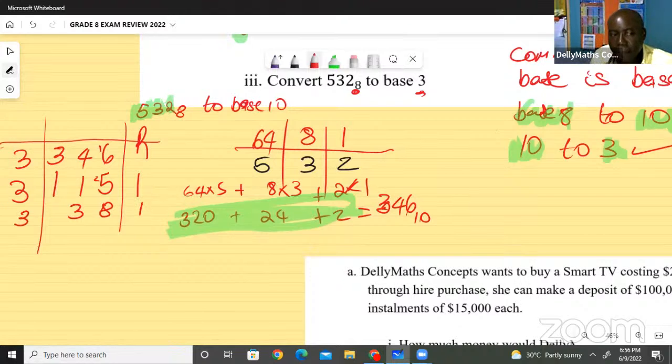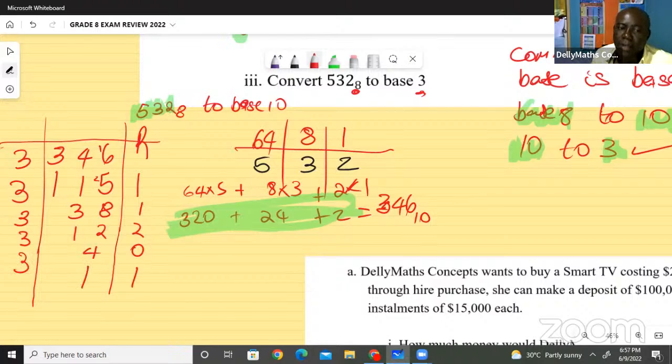Then we still can divide by 3. 3 into 8, that is 2 times and remainder 2. 3 again. 3 into 12 is 4 times and no remainder. We can go again. 3 into 4, 1 time and 1 remainder. And then 3 into the 1, we can't, and we'll put that 1 here.